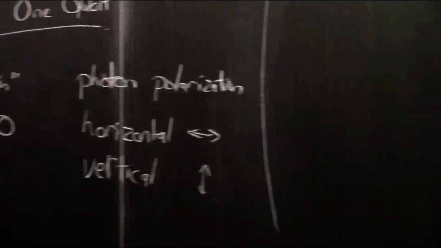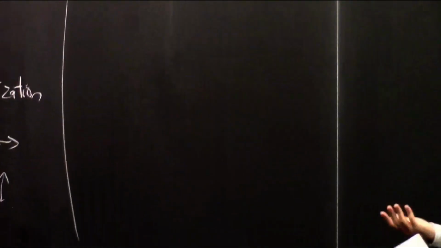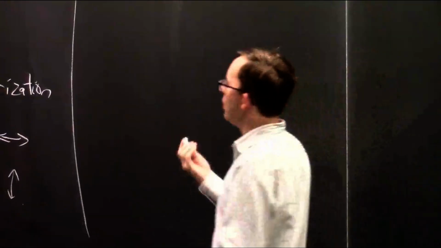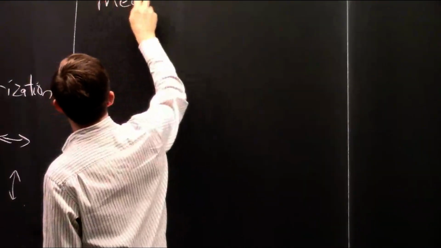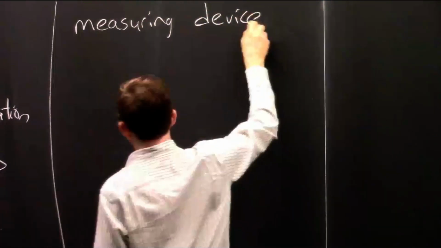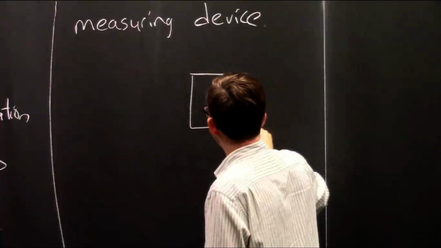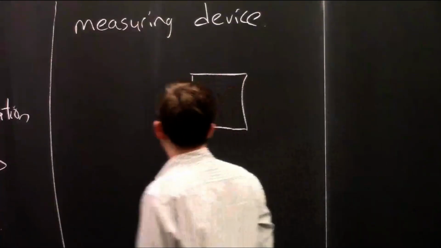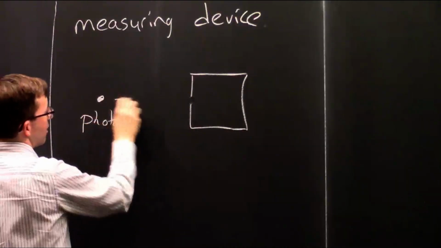So anyway, let's take this last one, photon polarization, just as an example of how you might try to get a logical bit from one particle. Again, take my word for it: a physicist in a lab can build a machine, which we'll call a measuring device, for a polarization. Perhaps it looks like a box with a little hole in it, and you can shoot a photon into this hole.